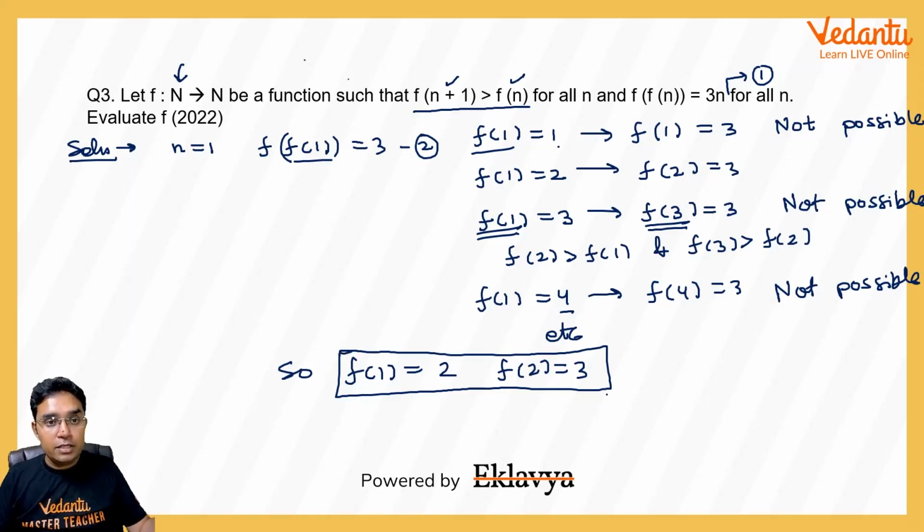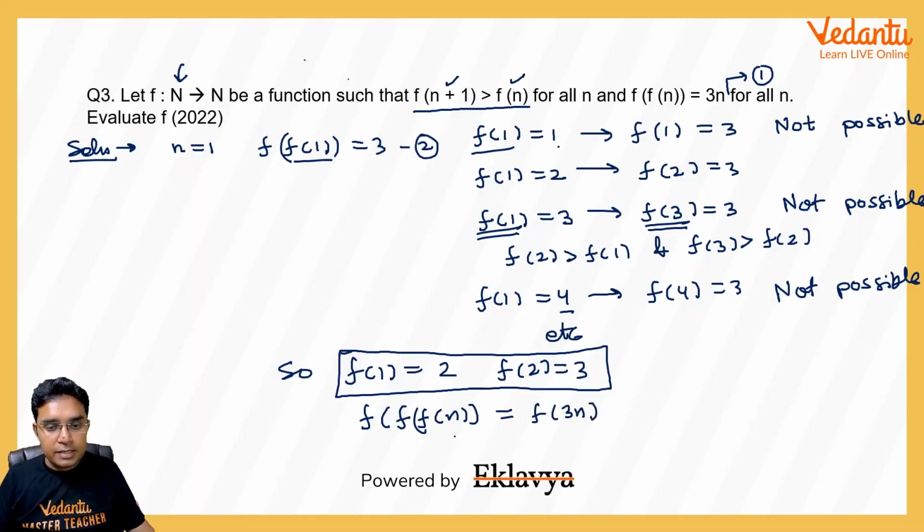Now there is one more thing I will do, similar to what I did in our first question. If I apply f on both sides of equation number 1, I think we will get f of f of fn, and that will be equal to f of 3n.